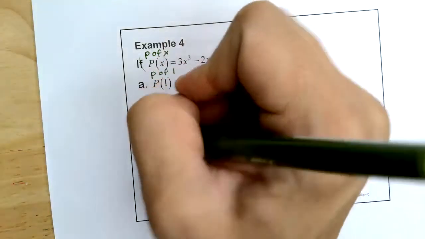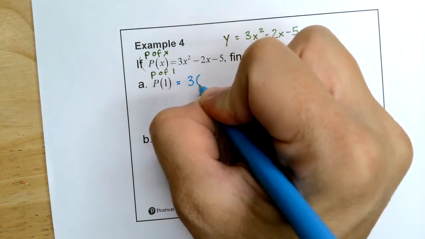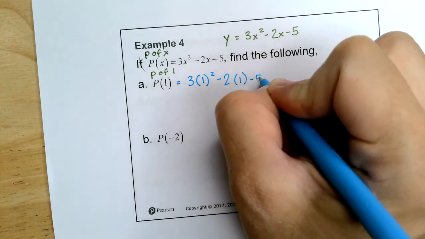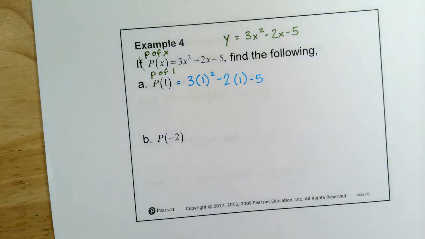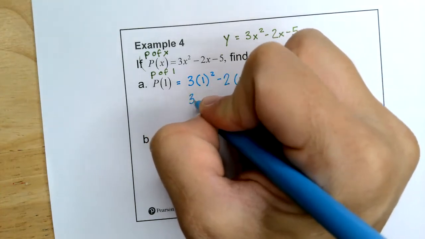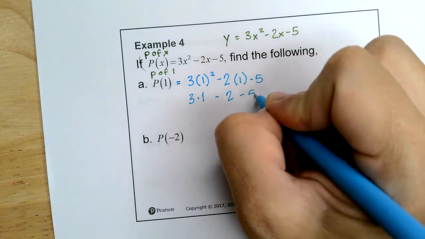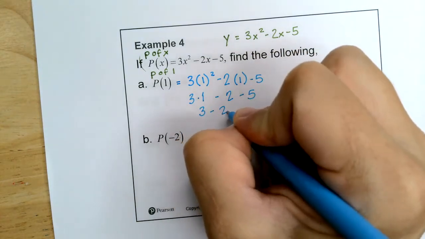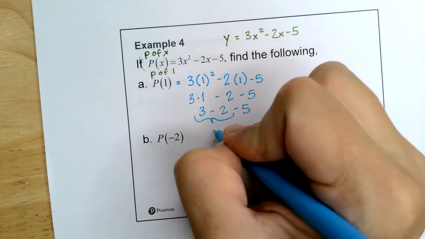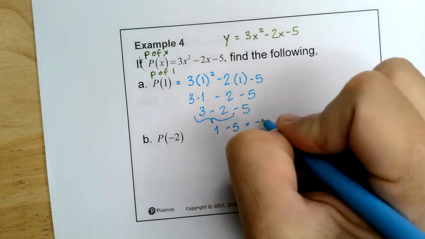So P of 1 is 3 times 1 squared minus 2 times 1 minus 5. 3 times 1 squared, 1 squared is 1. So 3 times 1 minus 2 times 1 is 2 minus 5. 3 times 1 is 3 minus 2 minus 5. 3 minus 2 is 1, minus 5 is negative 4.